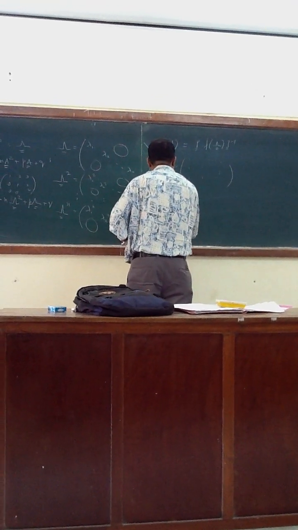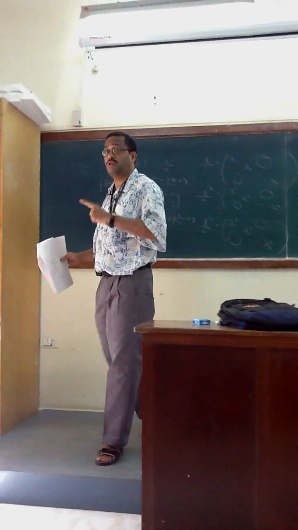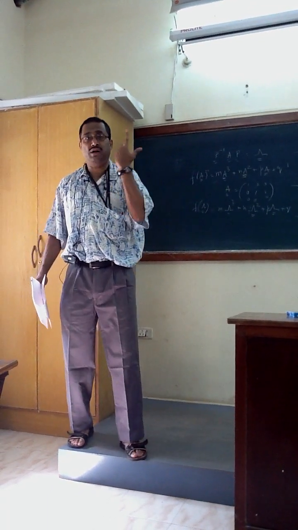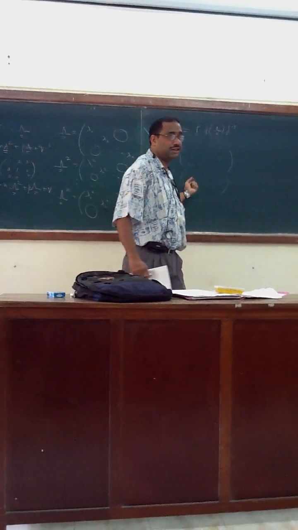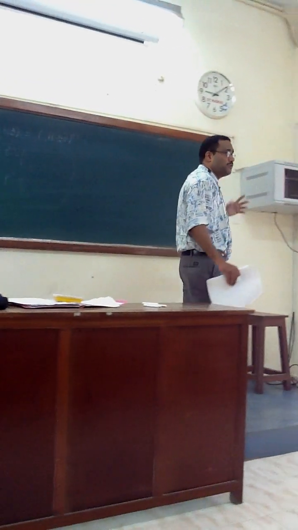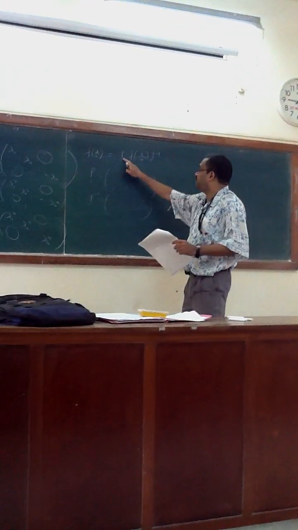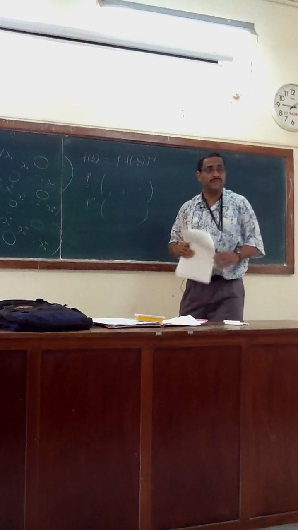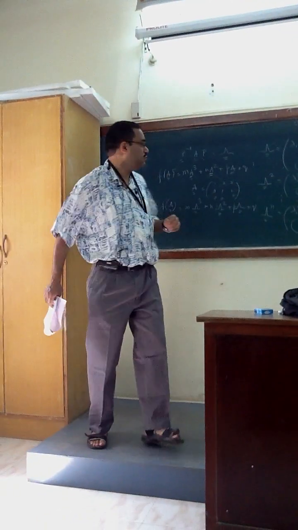P inverse is easy if the eigenvectors are orthonormal. In that case, P inverse equals P transpose. Okay? So if these eigenvectors are orthonormal, you can just directly interchange the rows to columns and you can get P inverse. So in that case, P inverse is very easy. You put in P, this and this P inverse, and you can get the function of it. So that is the way we can easily evaluate.